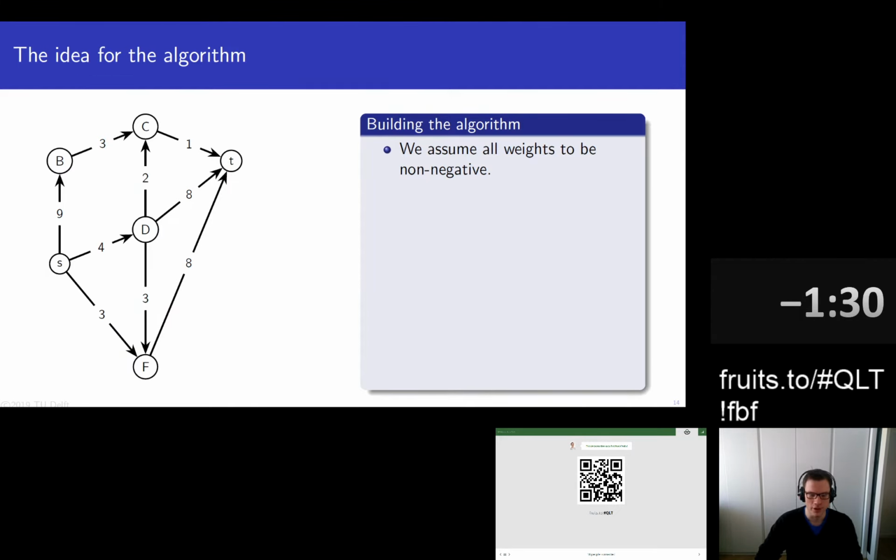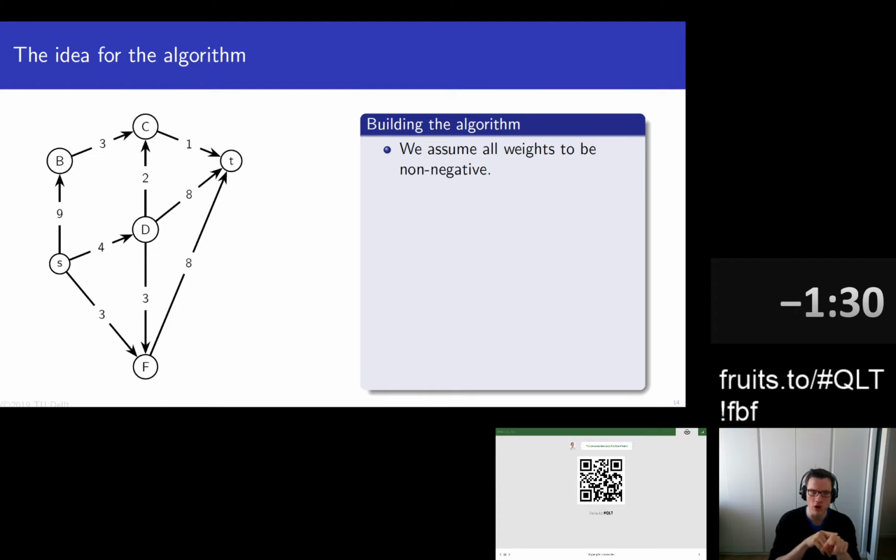Now, let's build our algorithm. There's one important criterion to mention here. In Dijkstra's algorithm, we assume all weights to be non-negative. They can be 0, that's fine, but they cannot be negative. Why is that? Well, consider I have a cycle, and the weight of this cycle is negative, meaning when I sum all the edges together in this cycle, I get a negative number.